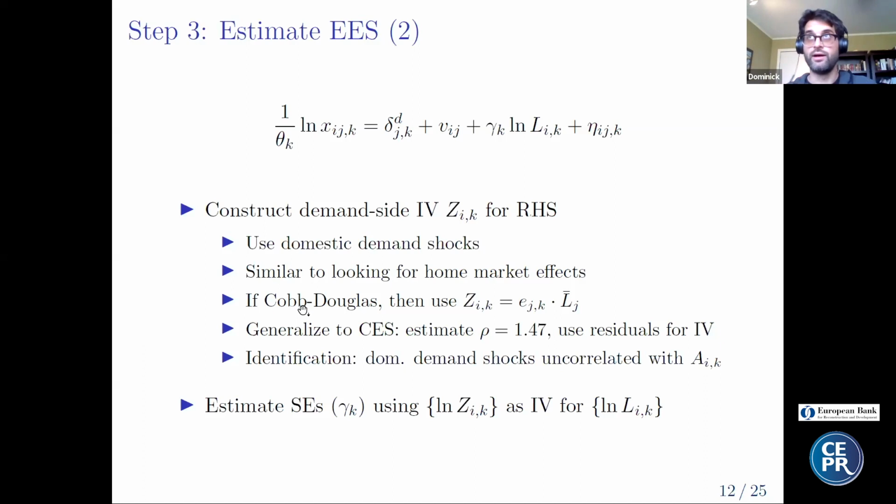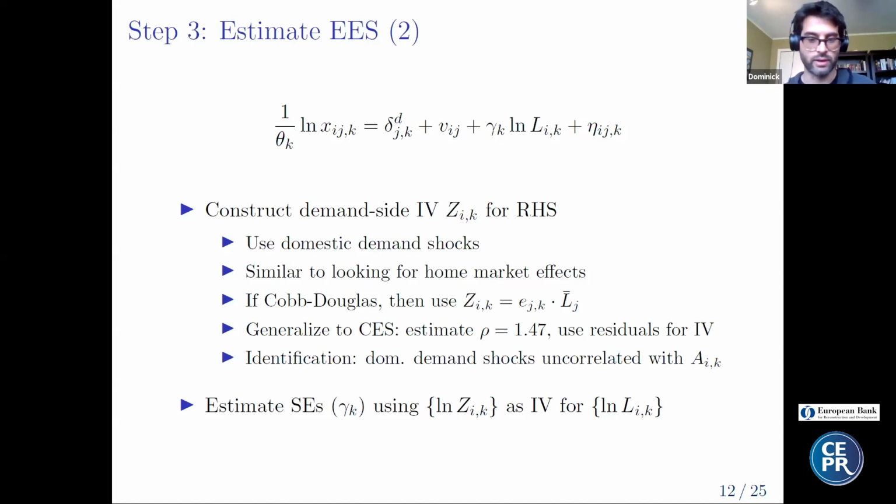Suppose that the domestic demand for different sectors, the aggregator of different sectoral outputs in textiles, machinery, et cetera, were Cobb-Douglas. Then we would simply use the observed consumption shares, which we'll call EJK, scaled up by the size of the country as a whole to predict the size of each sector in absolute terms.